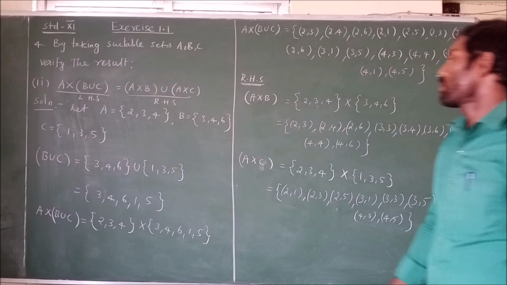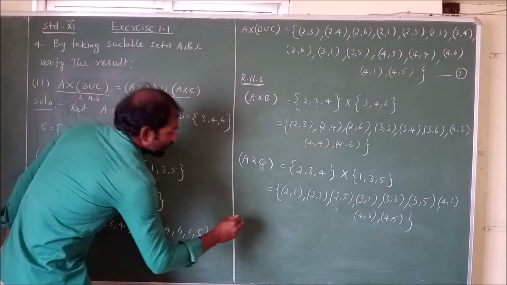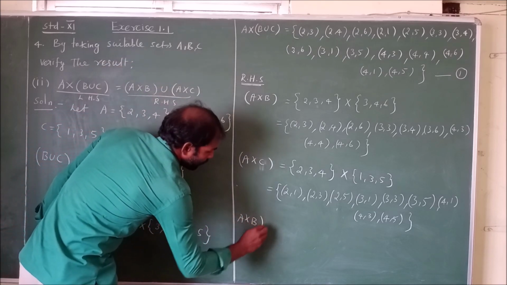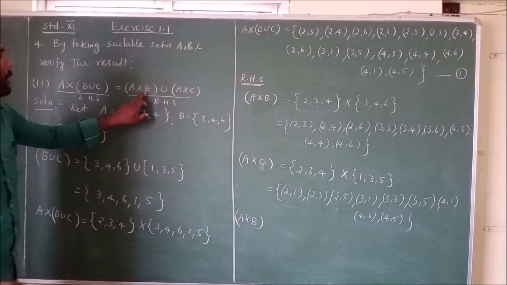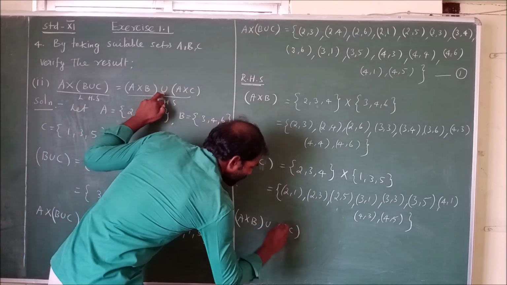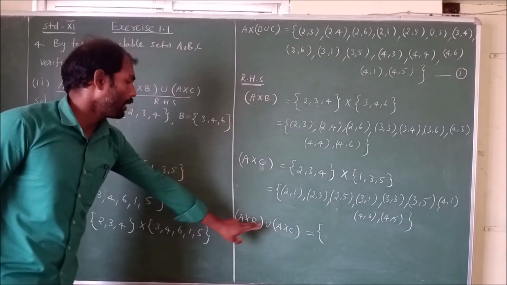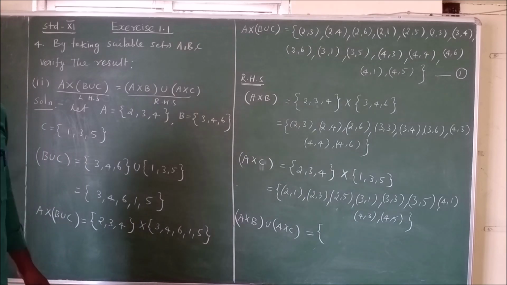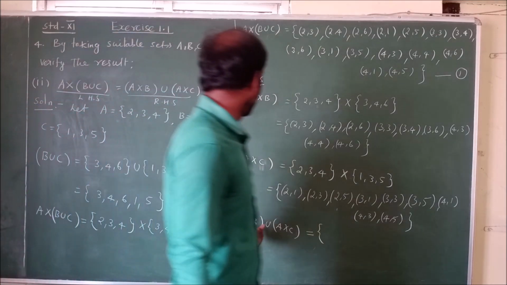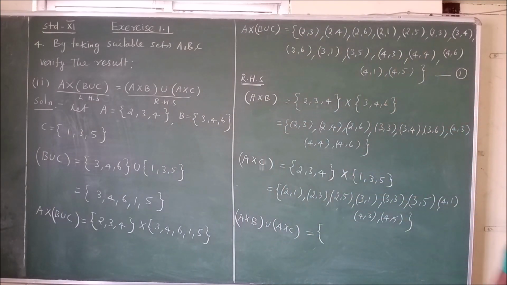So the RHS term is A cross B union A cross C. A cross B union A cross C is nothing but the union of both A cross B entries and A cross C entries.